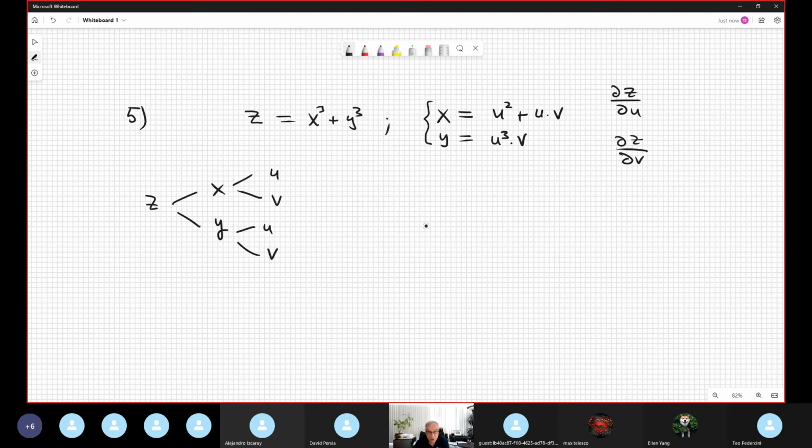They want partial derivative of z with respect to u. You navigate from z to every u that you have in the tree. Obviously it's this path and this path.